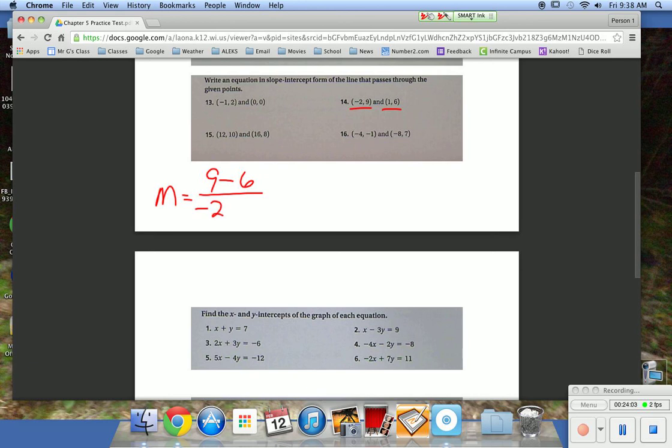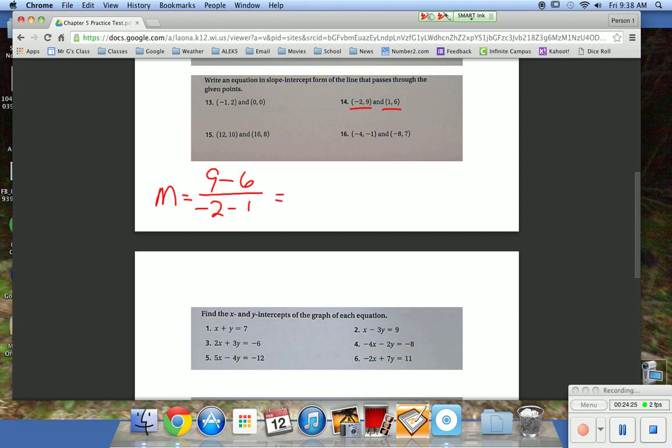What? Minus 1. Minus 1. You see how we set that up, Jade? That's our slope equation. We're subtracting our y's and we're subtracting our x's, okay? And the 2 points.